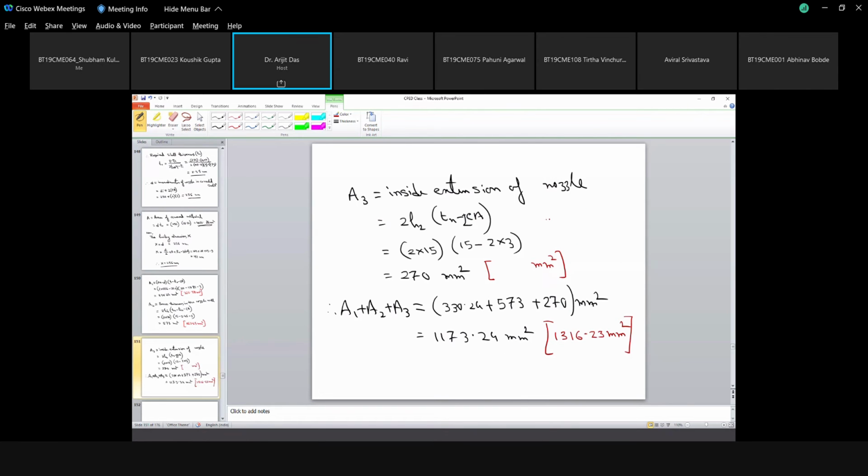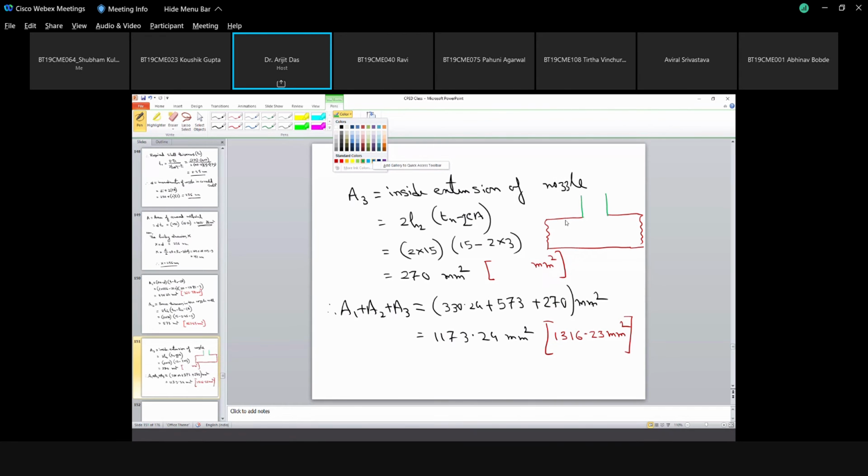So, if we see the nozzle now, suppose this is your pressure vessel, and a nozzle is this one. Let us use another color like this one.